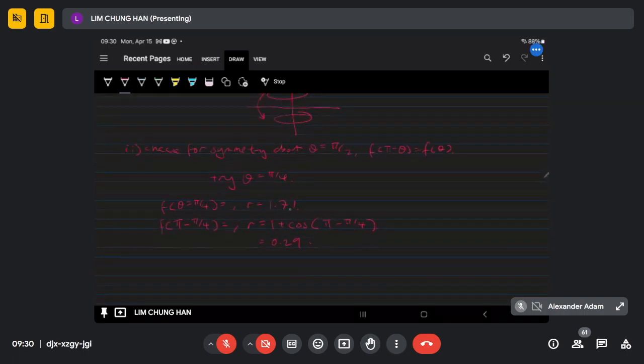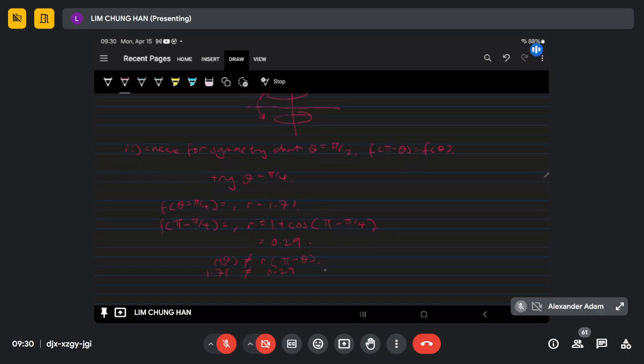Now, is 1.71 the same as 0.292? No. So r of theta is actually not the same as r of pi minus theta, because r theta is 1.71 and r of pi minus theta is 0.29. It's not the same.